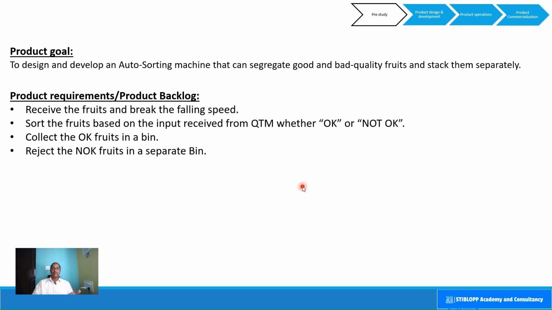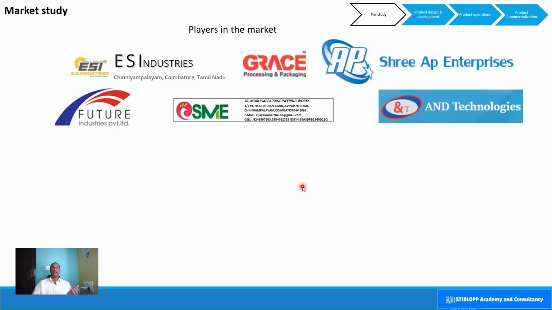Now, the next step which is involved in our pre-study is the market study. So these are the players in the market who are producing similar types of products. It could be a product used for packaging, for the filtering of another item, or a food processing machine, etc. Here the processing machine is produced by Ant Technologies, and the product that filters the sand is produced by Murugappa Engineering Works, Coimbatore.